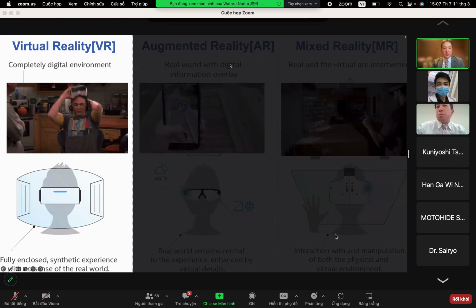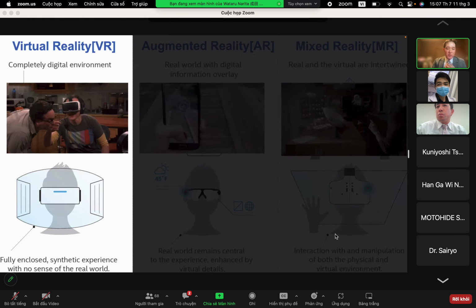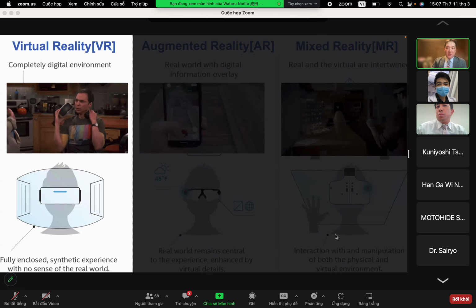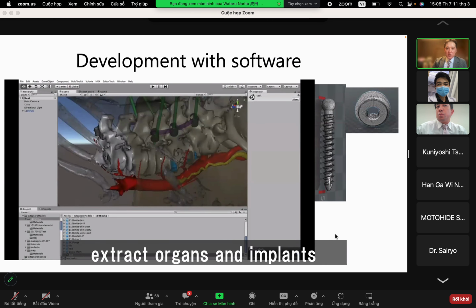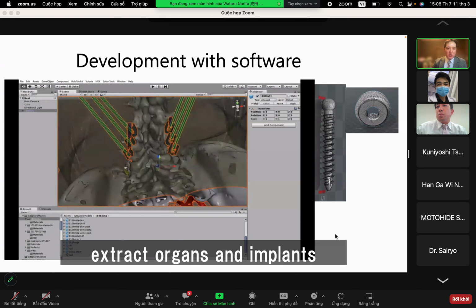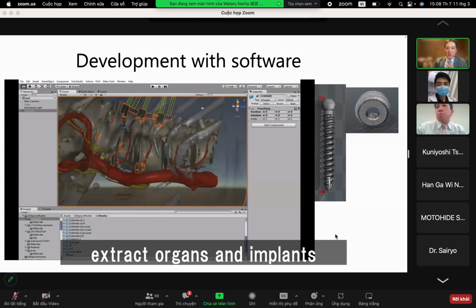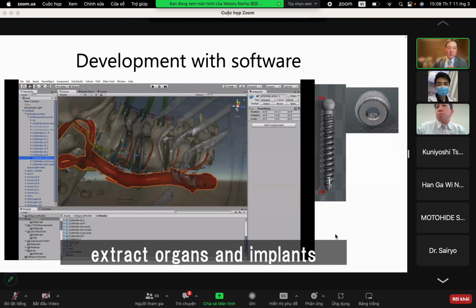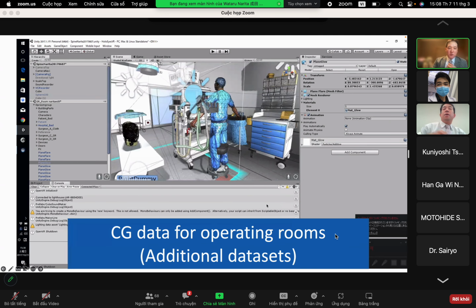At first, I developed virtual reality systems. The software is here: specific 3D polygons are sent to the Unity game engine software, giving high quality 3D CG data. We added this data, which is for an amusement system.